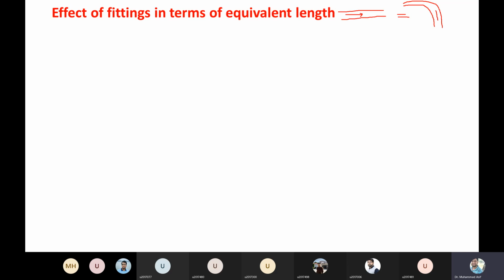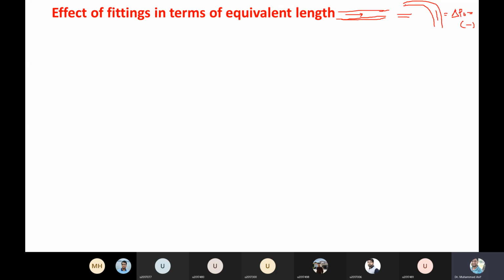The pressure loss created by that elbow has a certain value, and the same pressure loss can be equated with the help of an equivalent length. But this equivalent length will be much larger, because the pressure loss created by an elbow is much higher than that of a straight duct.